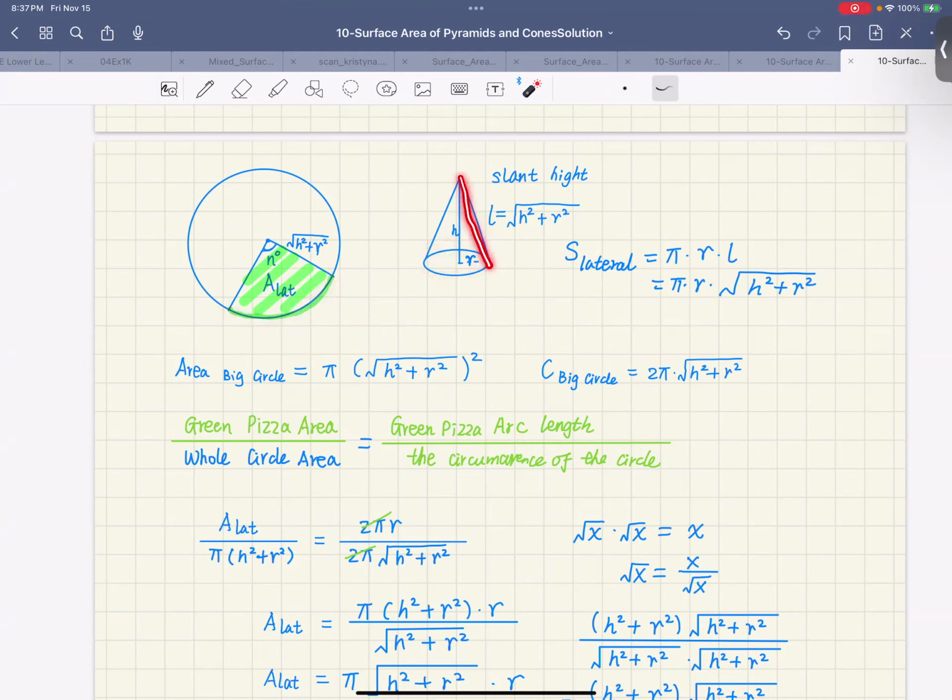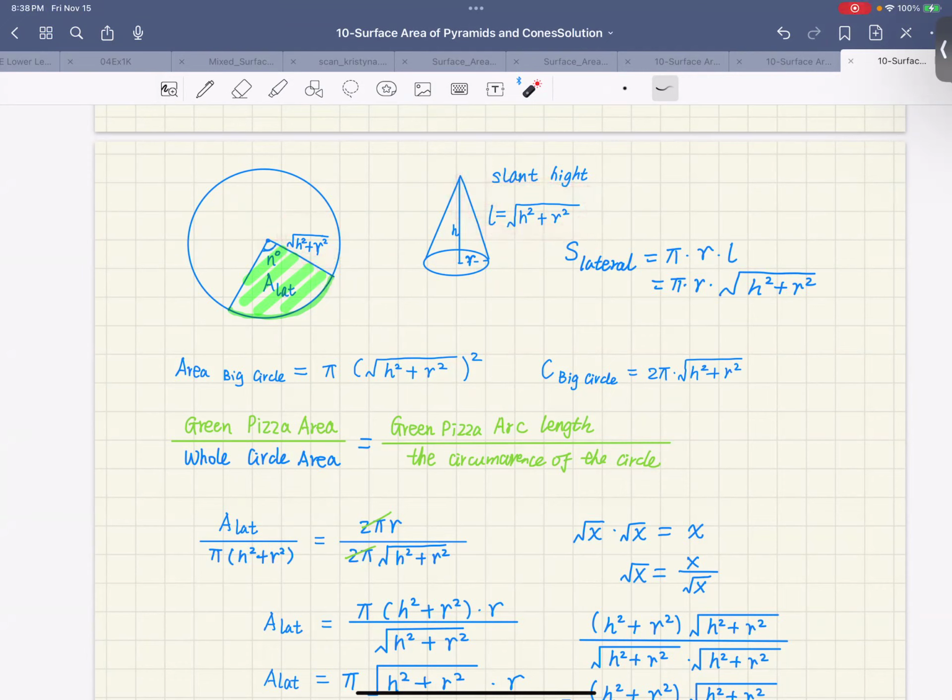And that guy is this guy. Agree? Yes. That is H. This is R. So the hypotenuse is the square root of H squared plus R squared. Okay? That makes sense? Yes. So that L is this guy's radius.